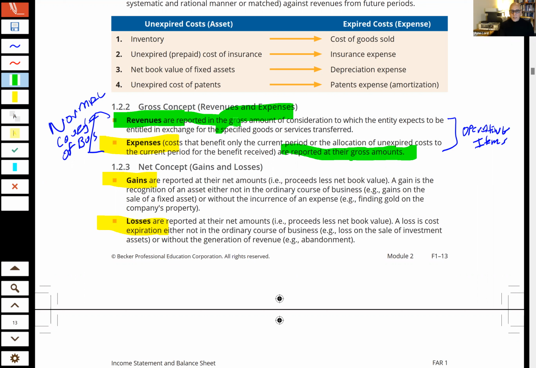Expenses are going to be what? Salaries that they pay their faculty, that they're paying the administrative folks, etc., right? So what happens when they prepare their income statement? They'll show their revenue gross, they'll show their expenses gross, and the difference between those revenue and expenses, they'll show as operating items, and they will generate something called operating income.